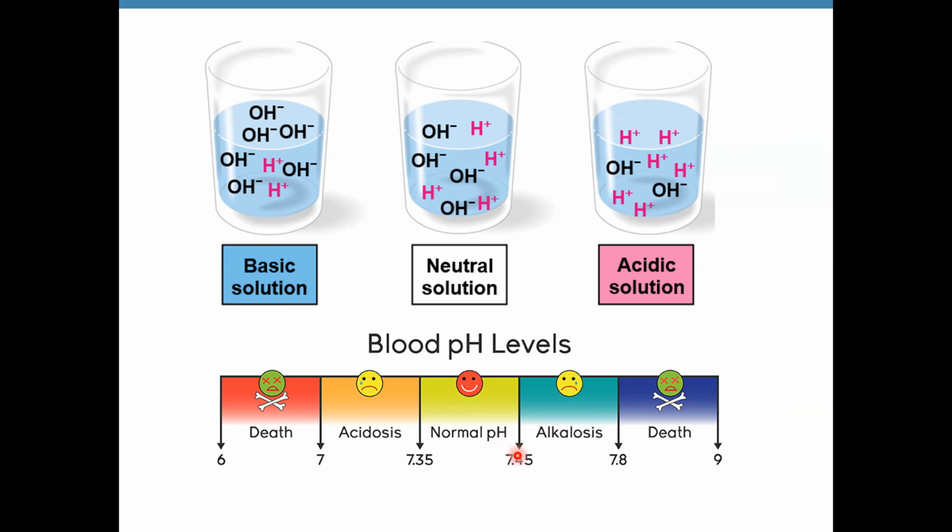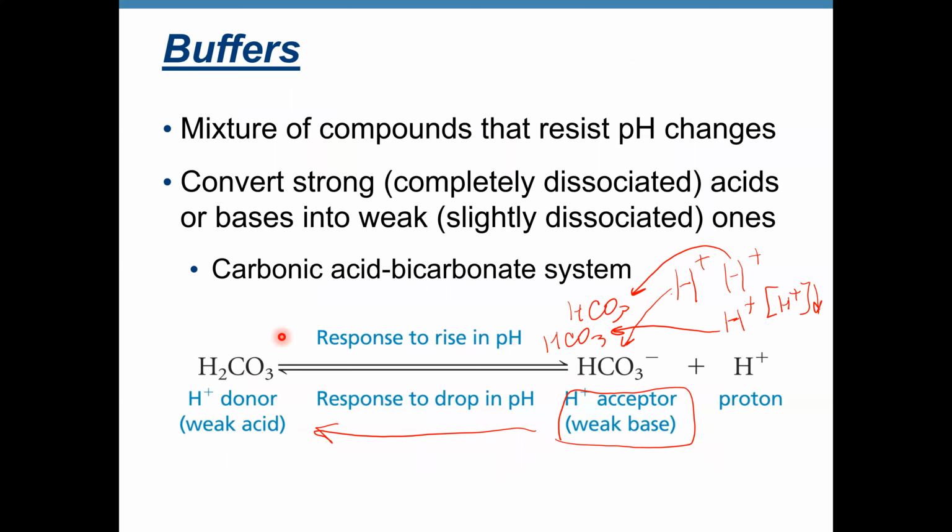Now, if the pH of blood is above 7.45, this is called alkalosis. And above 7.8 is death again. So that's your normal range for the pH of the blood plasma. And this buffer system, the carbonic acid bicarbonate system, plays a huge role in keeping this pH constant.